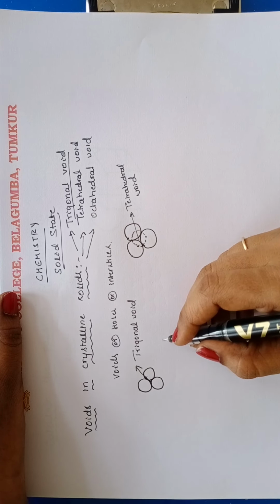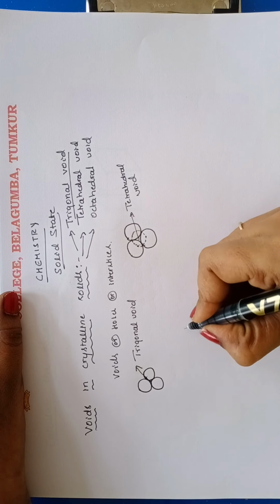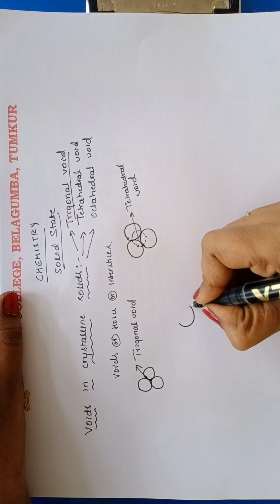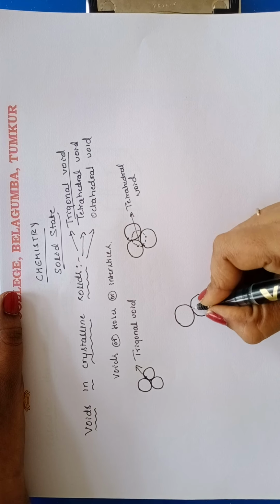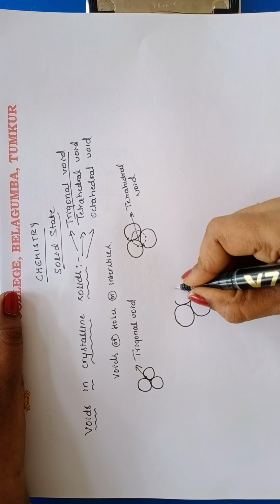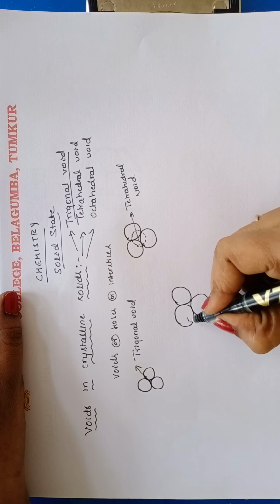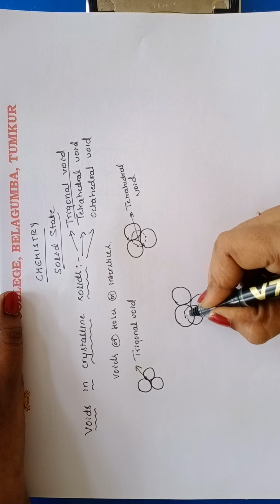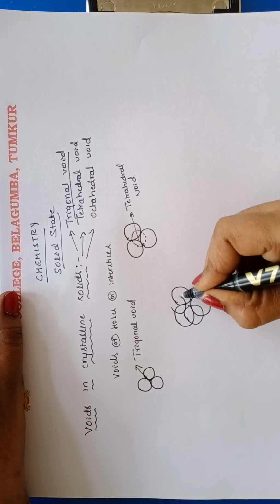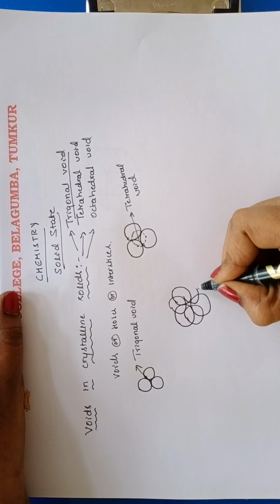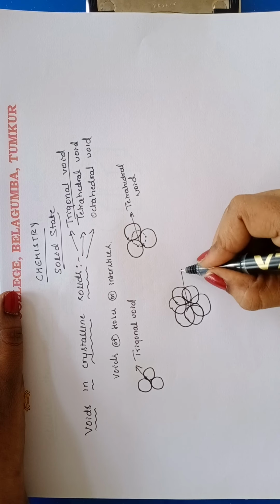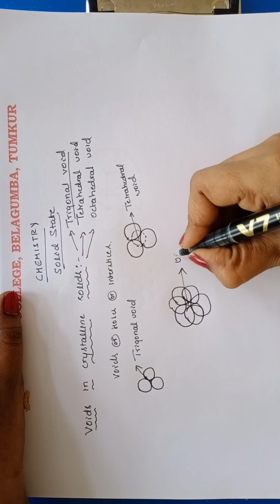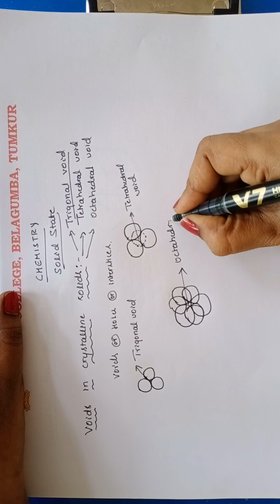The octahedral void is the void surrounded by six spheres. If you take three spheres in the same plane and another three spheres in another plane, this void is called an octahedral void.